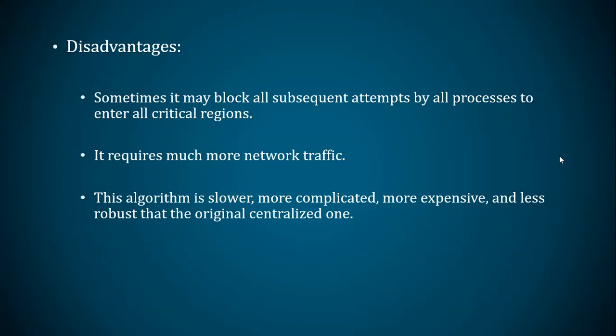Second one is it requires much more network traffic because we are sending messages to every other process including itself. Third one, this algorithm is slower, complicated, expensive and less robust as compared to centralized algorithm. So these are the disadvantages.